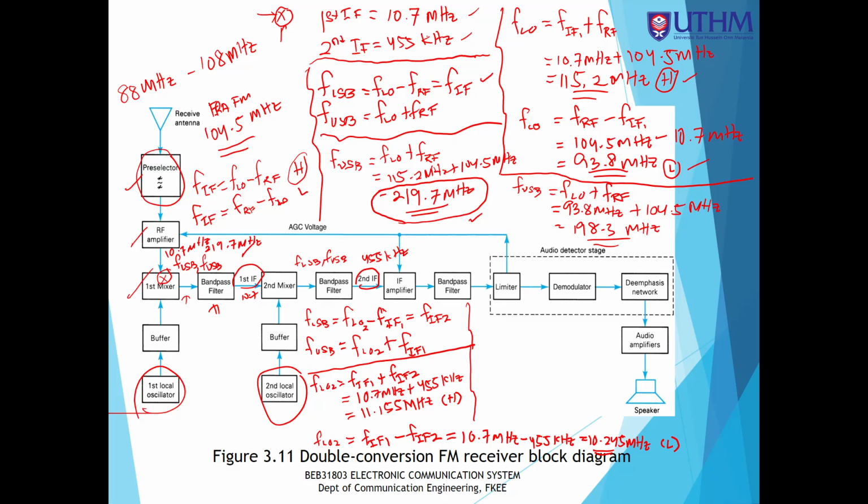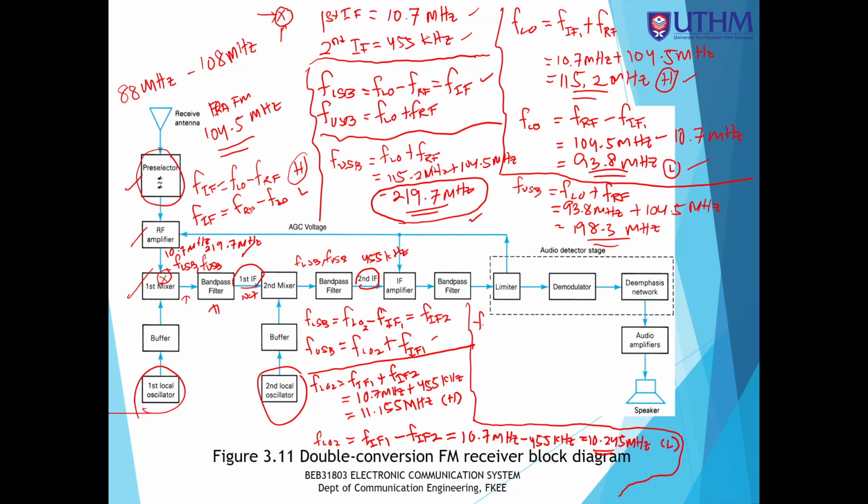Kita terpulang kepada kita nak gunakan yang mana satu. So that means we need to use either one of these frequencies for the local oscillator. Now we want to know how much is the upper side band produced by the second mixer. Let's say we use a high side injection.